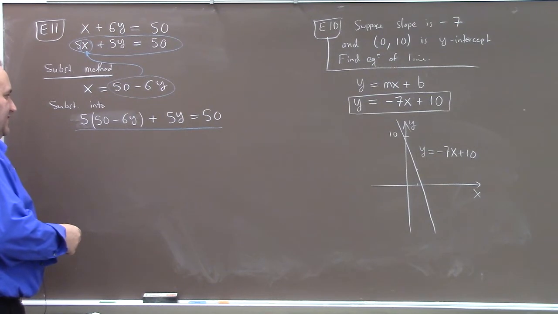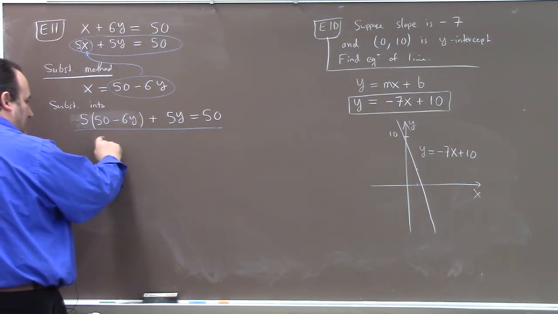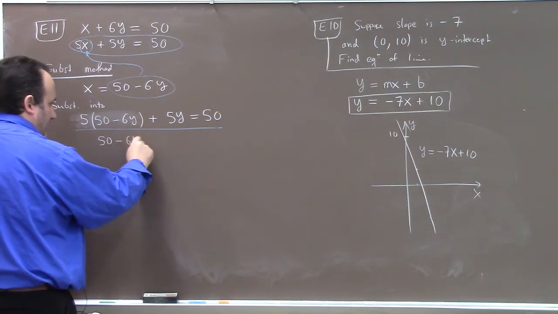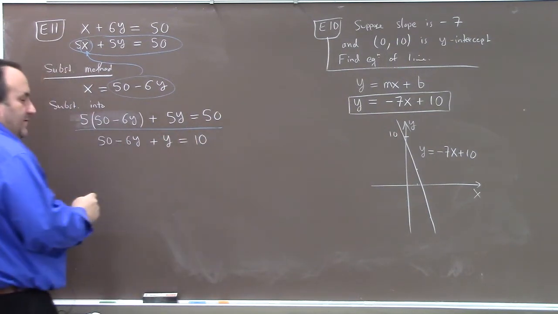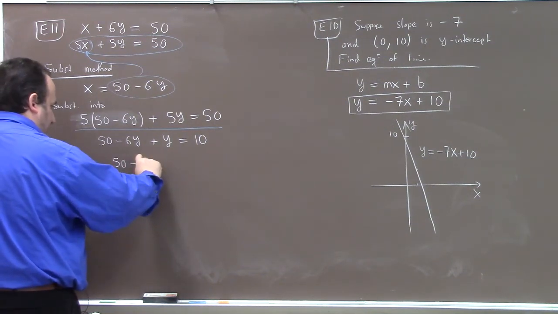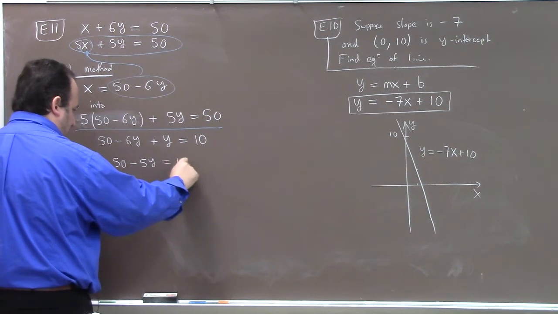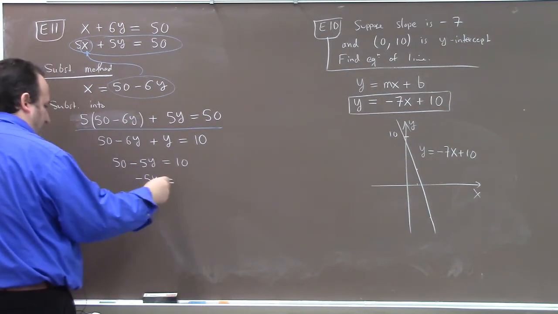Since I'm not a glutton for punishment, I'm going to divide this equation by 5. That's better. So this is 50 minus 5y equals 10 minus 5y.